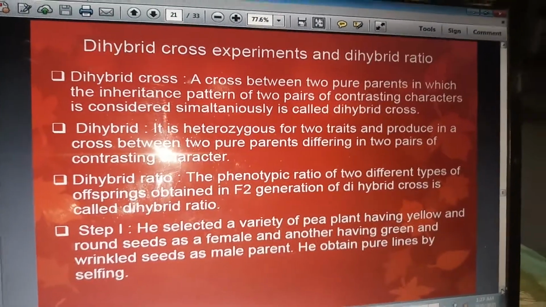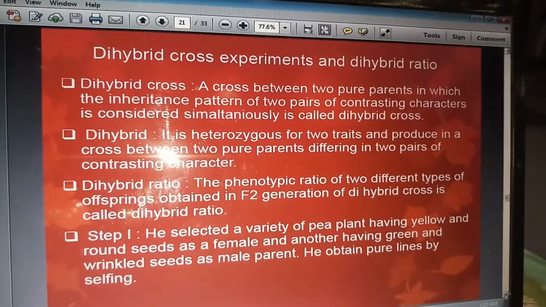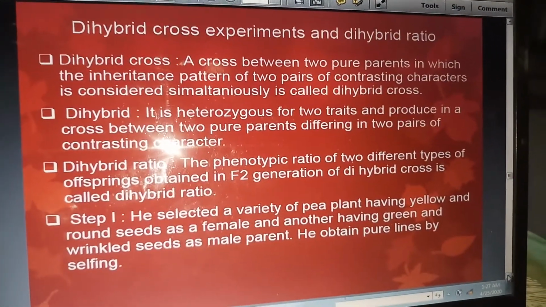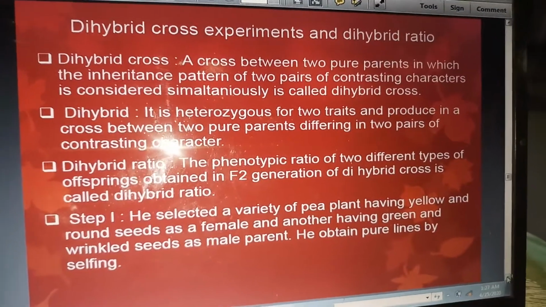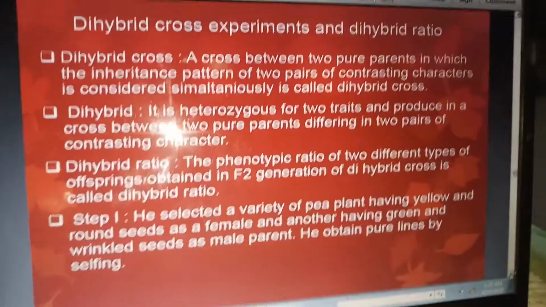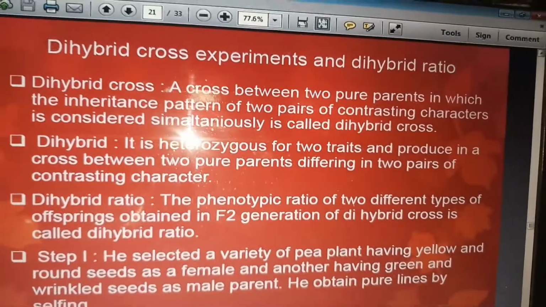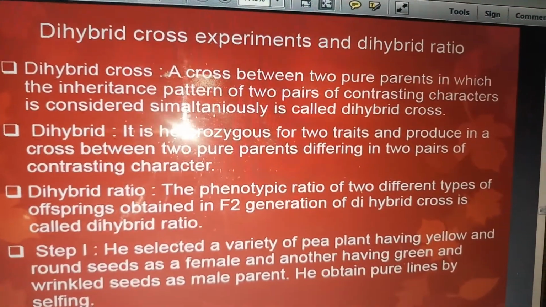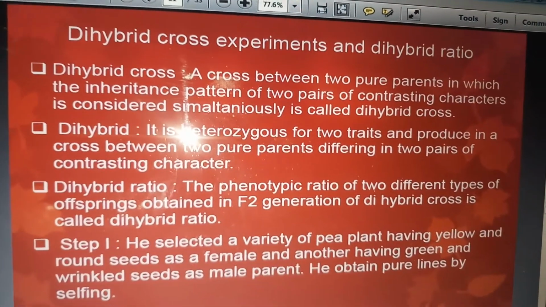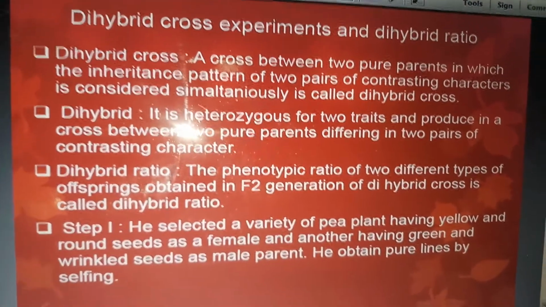Di means two, so it is heterozygous for two traits and is produced in a cross between two pure parents differing in two pairs of contrasting characters.